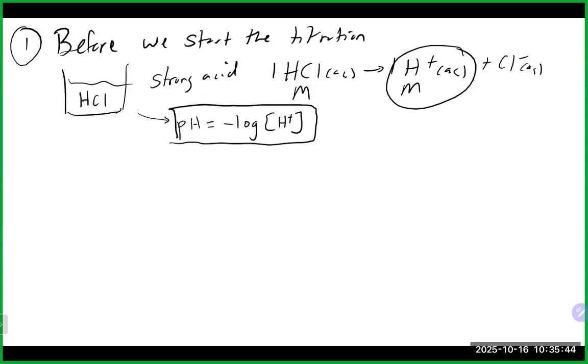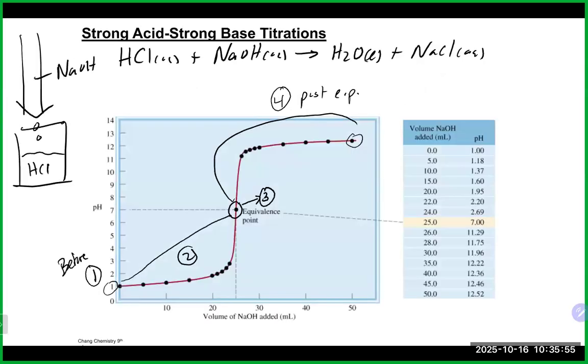Most of our strong acids are monoprotic, so whatever the concentration of the acid is, that is the concentration of the H plus. So you can go right into the pH equation.